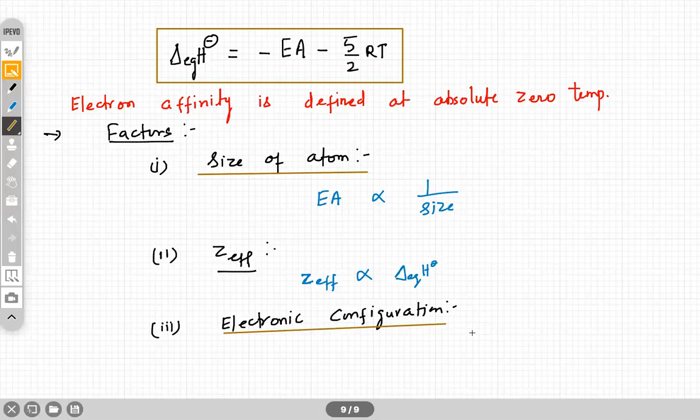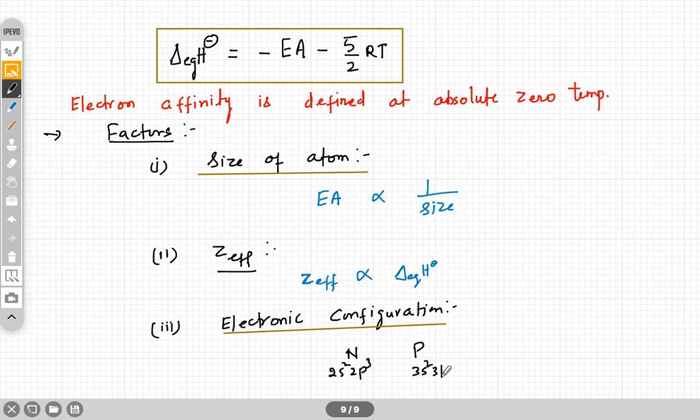So for example, if you talk about nitrogen and phosphorus, to add an electron on nitrogen, you see it has configuration 2s2 2p3, and phosphorus has configuration 3s2 3p3. The electron gain enthalpy for phosphorus is minus 74 kilojoule per mole, a negative value.